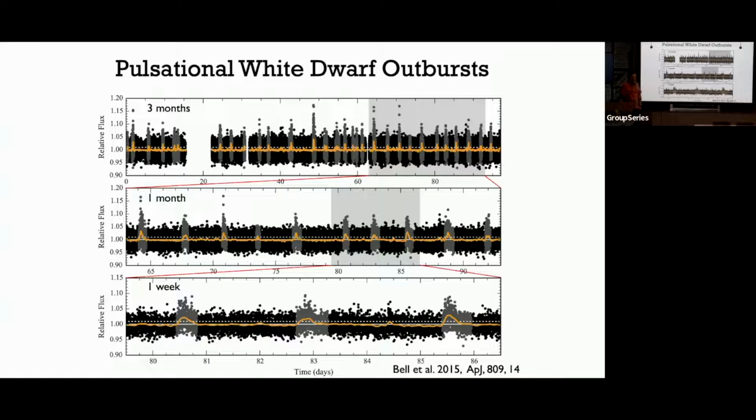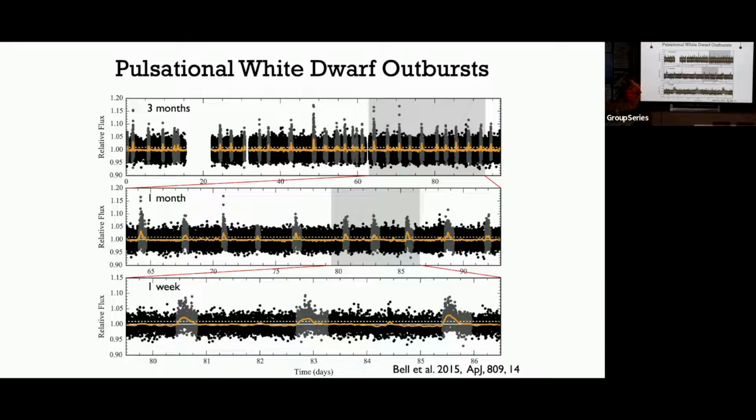There's a lot of noise for this very faint pulsating white dwarf that was in the Kepler field, but the huge amount of data that we had allowed us to really measure the pulsation signals with great precision, and also to detect these brightness enhancements.